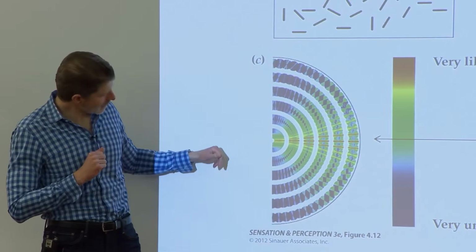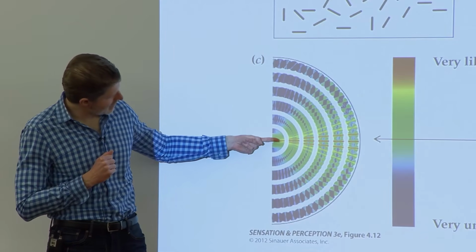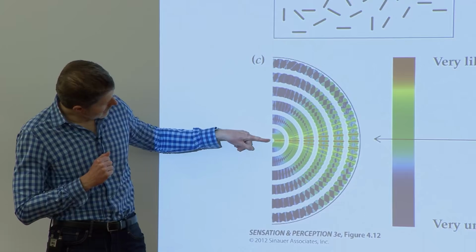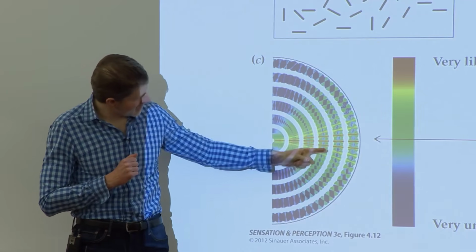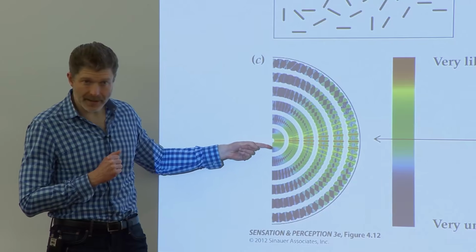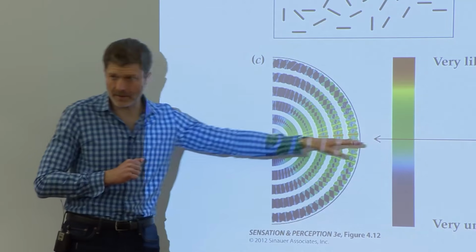Okay? And so what this tells you is that if there is an edge element that is here and that is horizontal, it's pretty likely that you'll have other edges out here that are pretty similar in orientation. Okay? So the idea is that edges of objects tend to be straight and smooth.